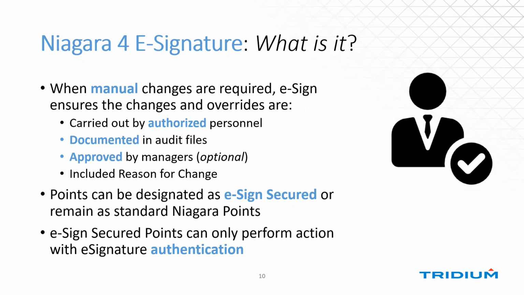It has to be logged in these uneditable audit files to prove that trail, and it needs to include a reason for change. So why you are making that change needs to be documented as part of that same audit log, according to the literature, or not literature, but specification.